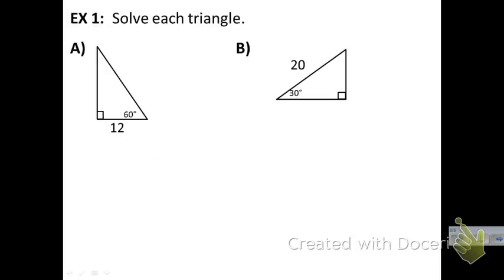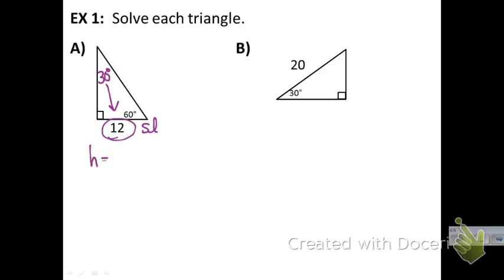So when you're given this triangle, the first thing you have to do is find the other angle. So if that's 60 down here, we know that the other angle is complementary, so we subtract that from 90 and we get 30. Then you're going to identify this piece. It's opposite the 30, so it's known as the short leg. And the short leg is used in both formulas. The first one, we have the hypotenuse is equal to the short leg times 2.